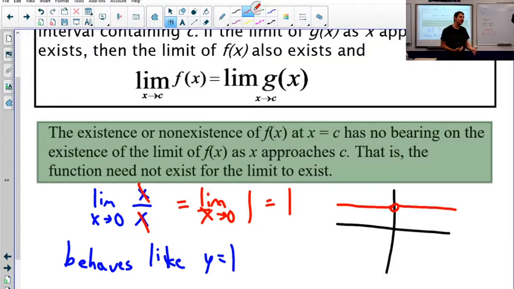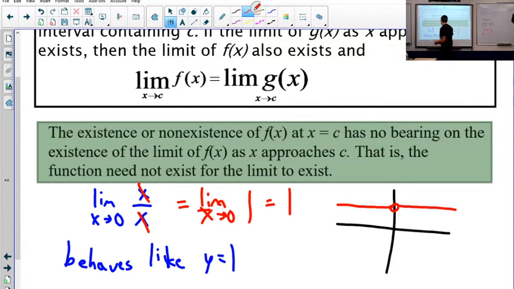At any other point aside from 0, this behaves like y equals 1. So since we're just interested in the limit, we're going to treat it like y equals 1. And that's the idea. The idea is that we're going to be able to get things to cancel, and once we cancel, we'll be able to plug in the number.